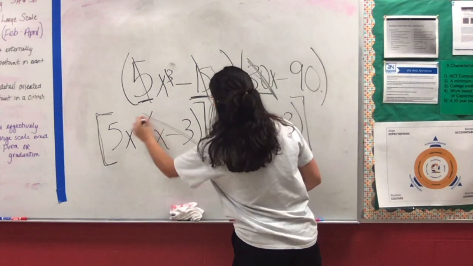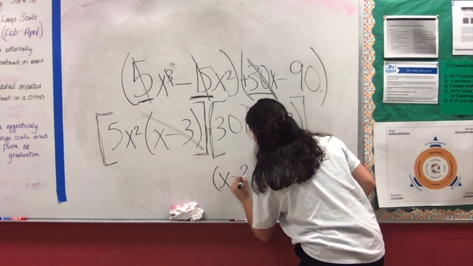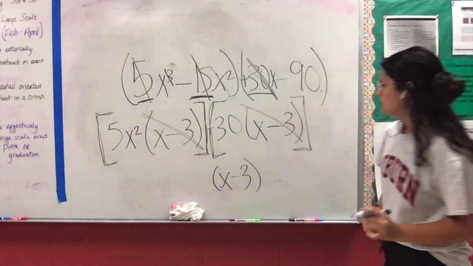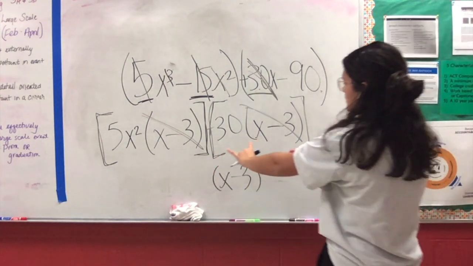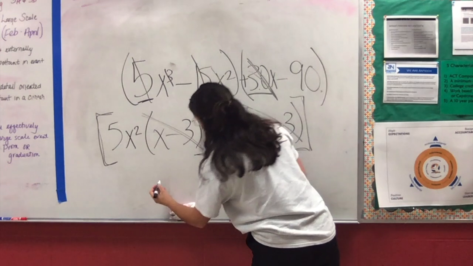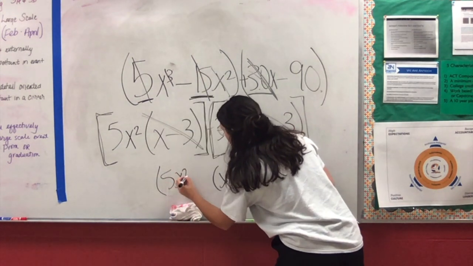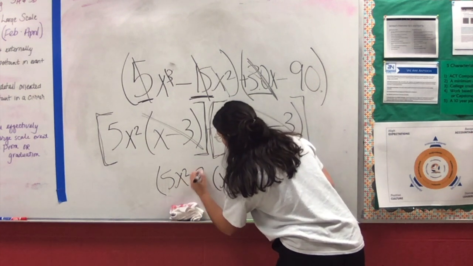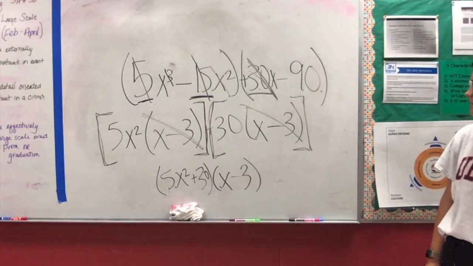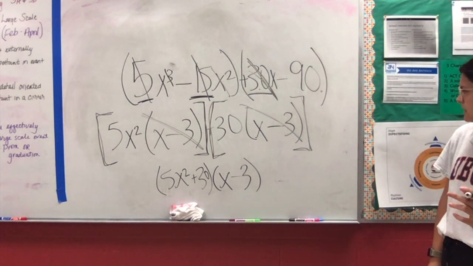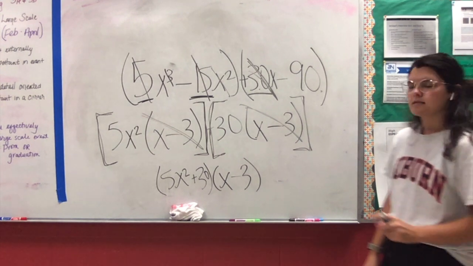We're going to put that in our parentheses down here. So x minus 3, we only need 1. And then we're going to take these two terms and put them in parentheses together: 5x squared plus 30. It's a weird 30, I'm sorry about that. And that's our answer. So 5x squared plus 30 times x minus 3.